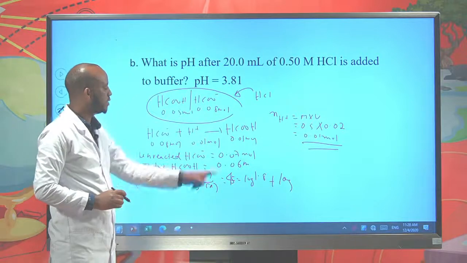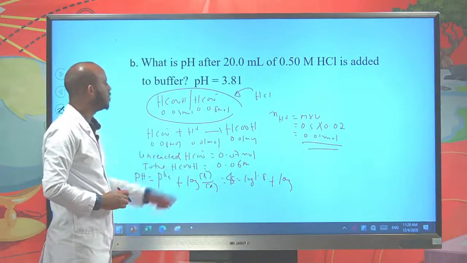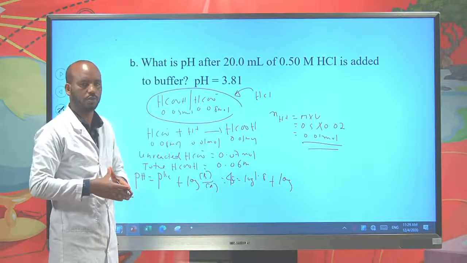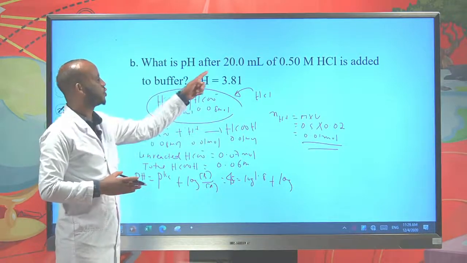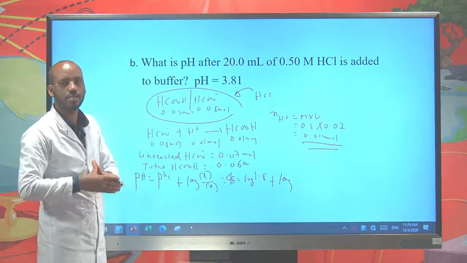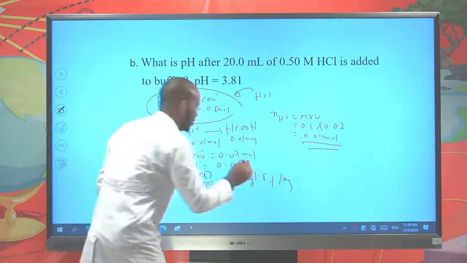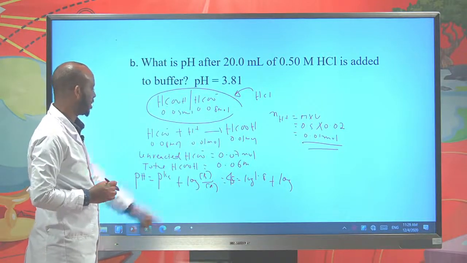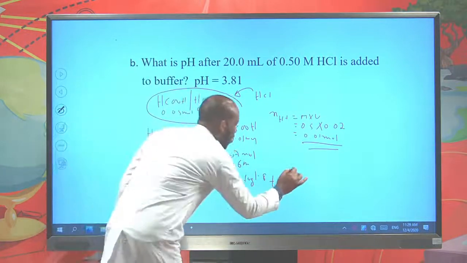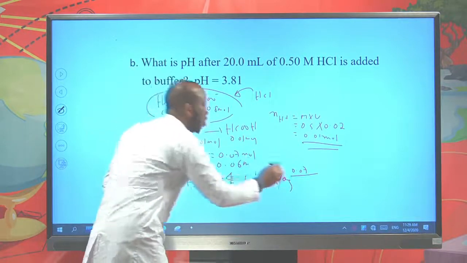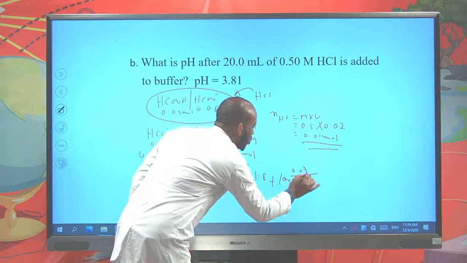Its concentration is 0.07 divided by the volume of the buffer solution: 500 plus 400 milliliter plus 20 milliliter is 920 milliliter, 0.92 liter.